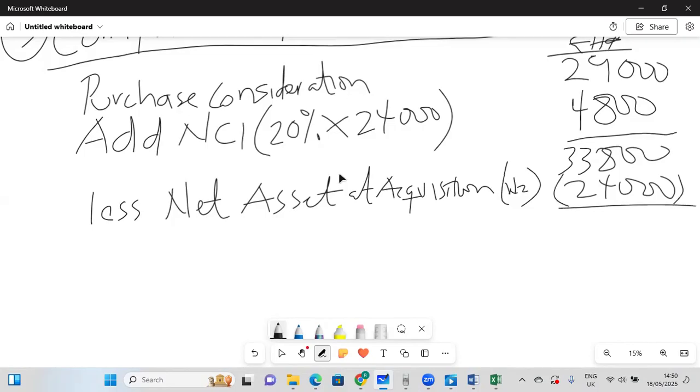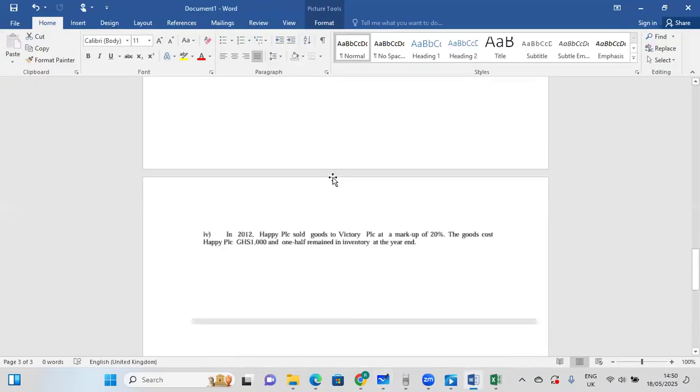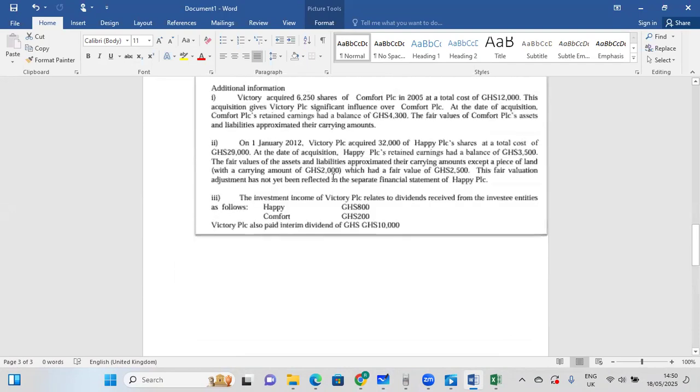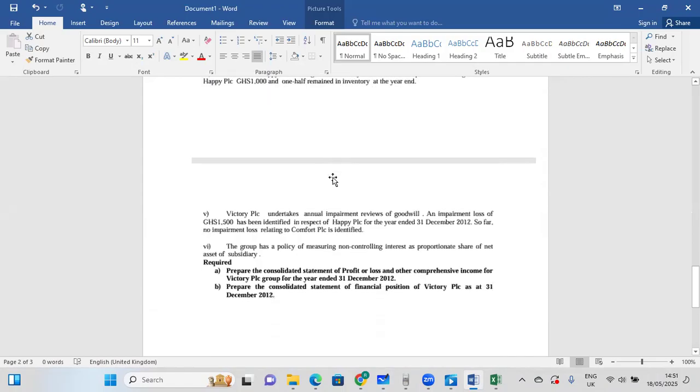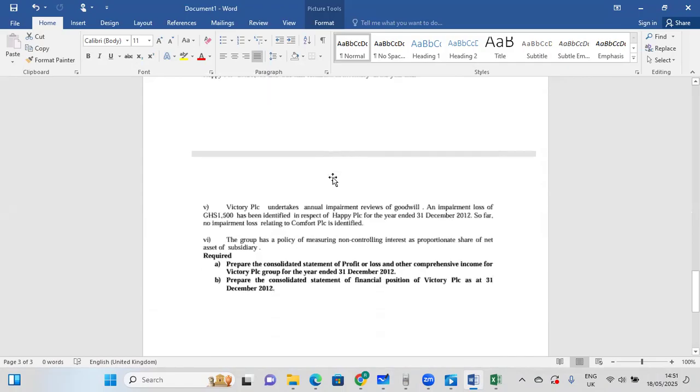Then we less impairment. In the question, they told us an impairment loss of 4,500.